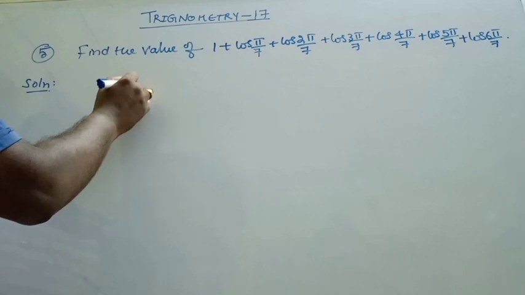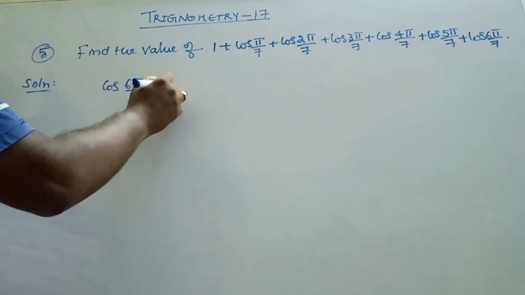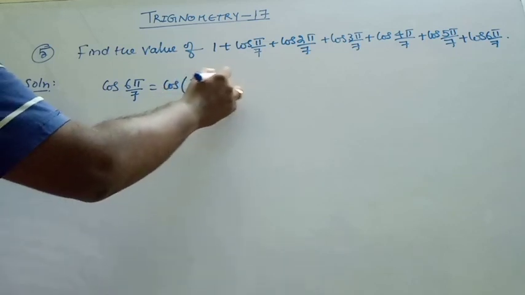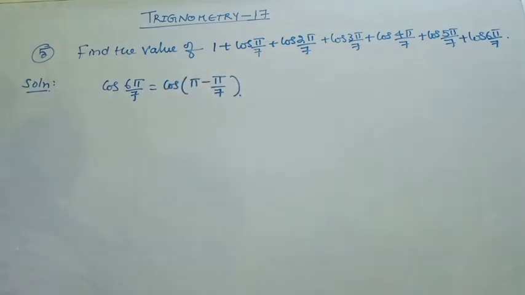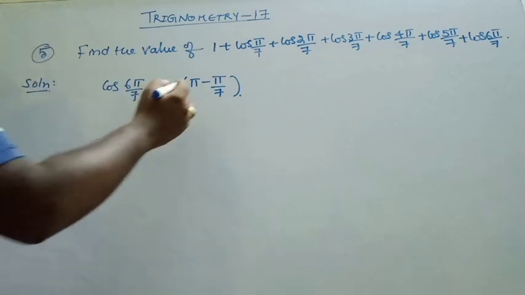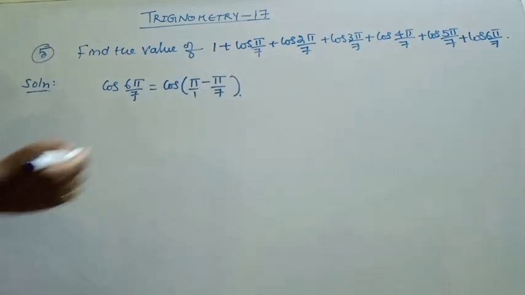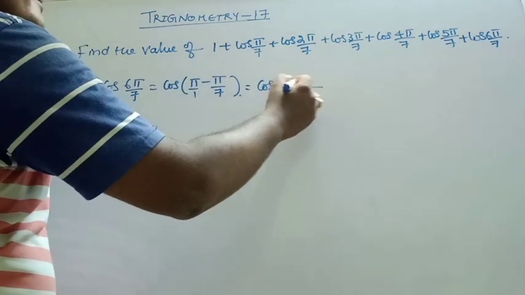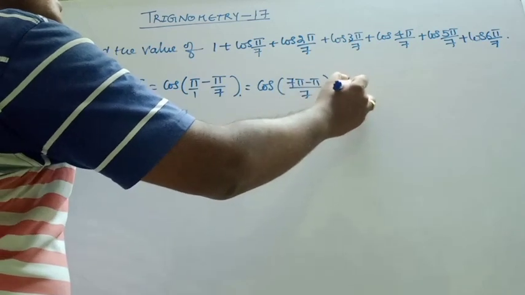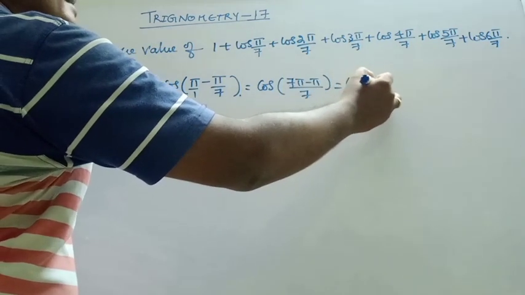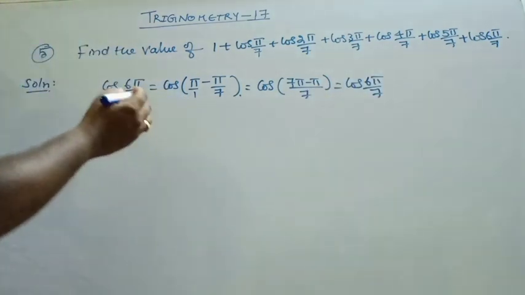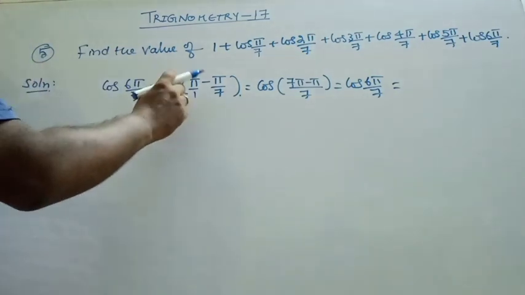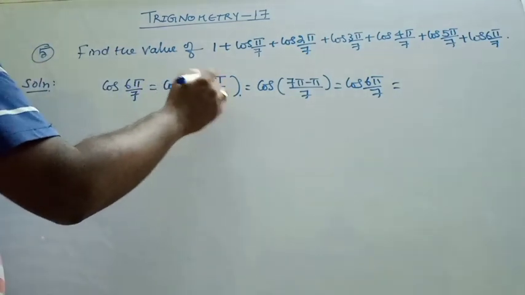You see, my dear students, one important observation: we can write cos 6 pi by 7 as cos of pi minus pi by 7, since with 7 as the LCM, 7 pi minus pi is 6 pi by 7. Cos pi minus pi by 7, that is cos 180 degrees minus pi by 7.